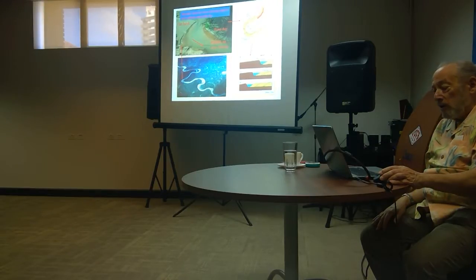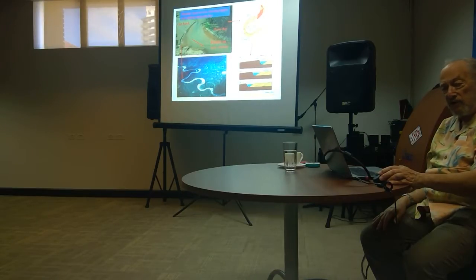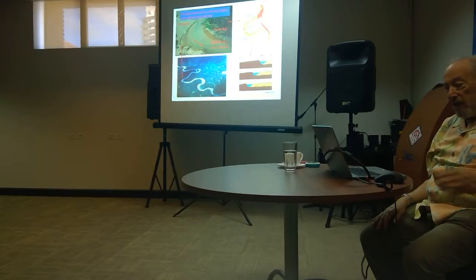At some point you get a channel here, and if you have a flood event coming around the bend, you can actually break through the margin of the channel and connect up with the channel over there. And then you start the process again.